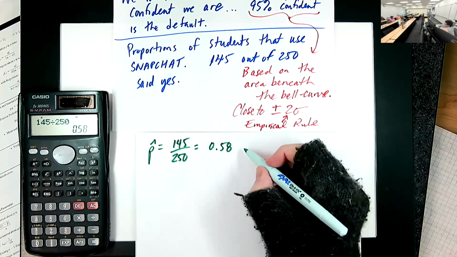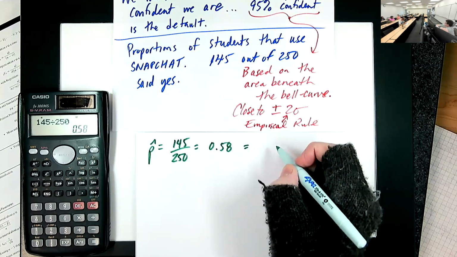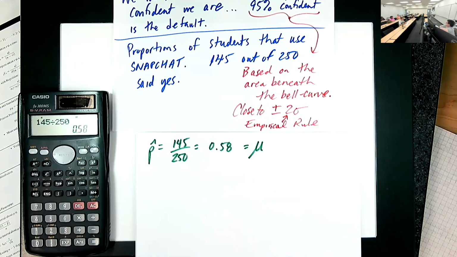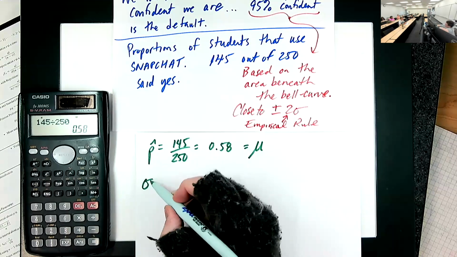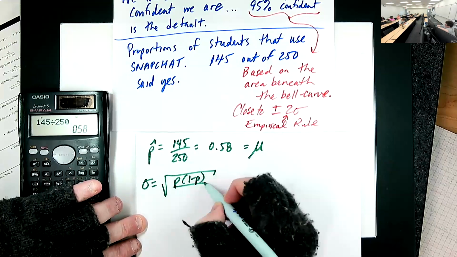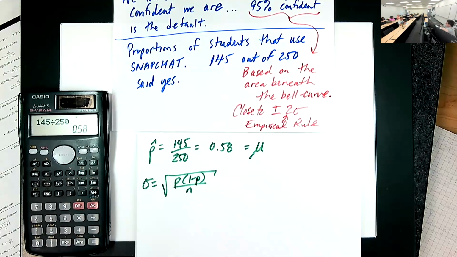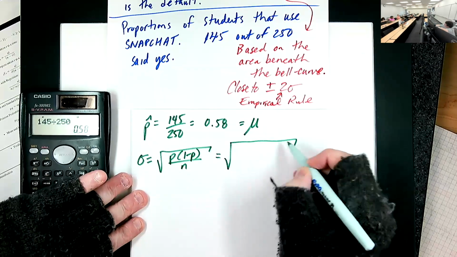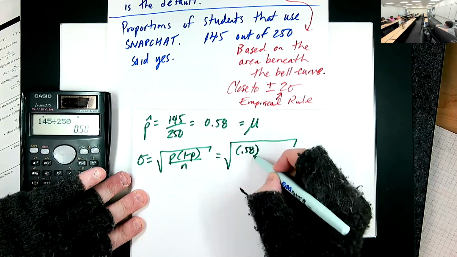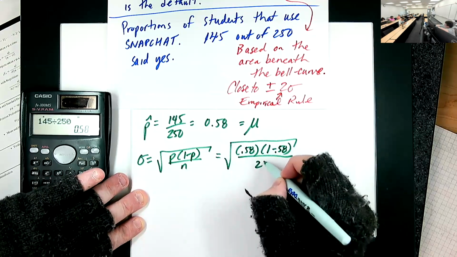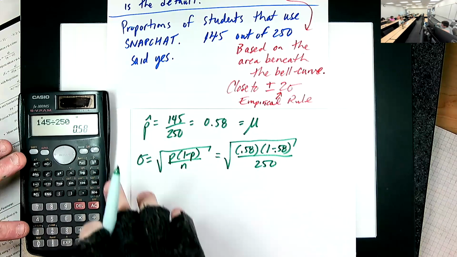And remember, we said to do the bell curve, we need a mean and a standard deviation. Our mean was our p hat. Standard deviation had a calculation: the square root of p times 1 minus p over n. I think I need this for the little simulator I'm going to do, so we're going to calculate it. It'll be 0.58 times 1 minus 0.58 divided by 250 and then the square root.